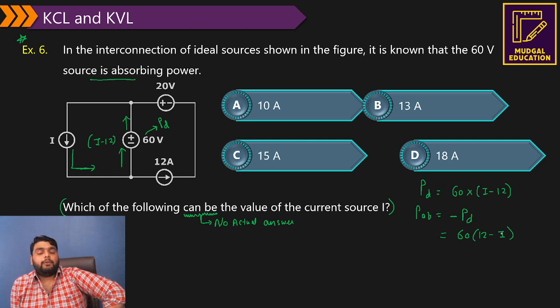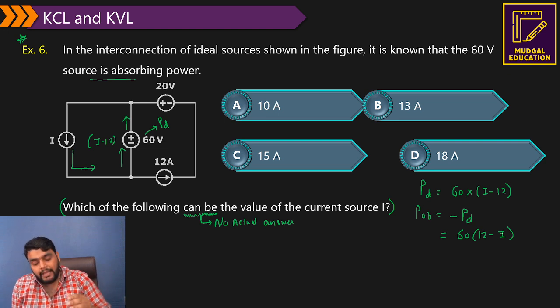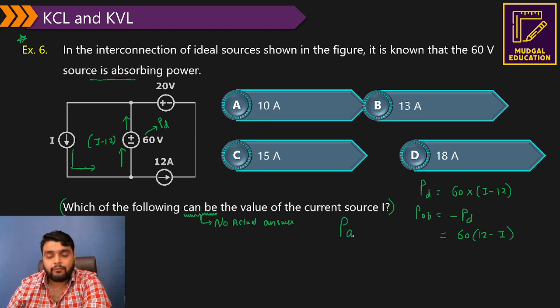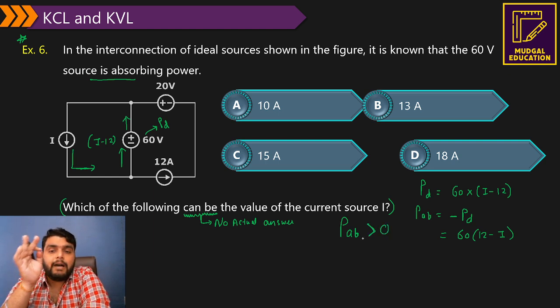Now understand this point. They are saying power is absorbing. If they are saying power is absorbing, that power must be absorbed here. And how will you make sure that power is absorbed? Whatever the power absorbed you have, that should be more than 0. When the power absorbed is more than 0, then it is positive.